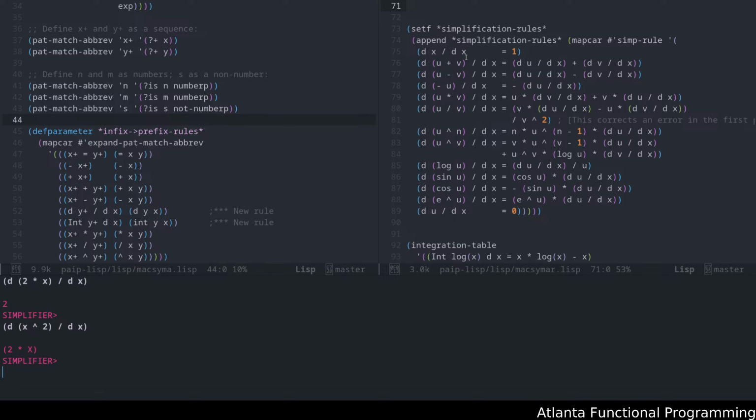So it'll recursively go through each one of them. All right. So that's all of the basic stuff in a nutshell of Maxima.